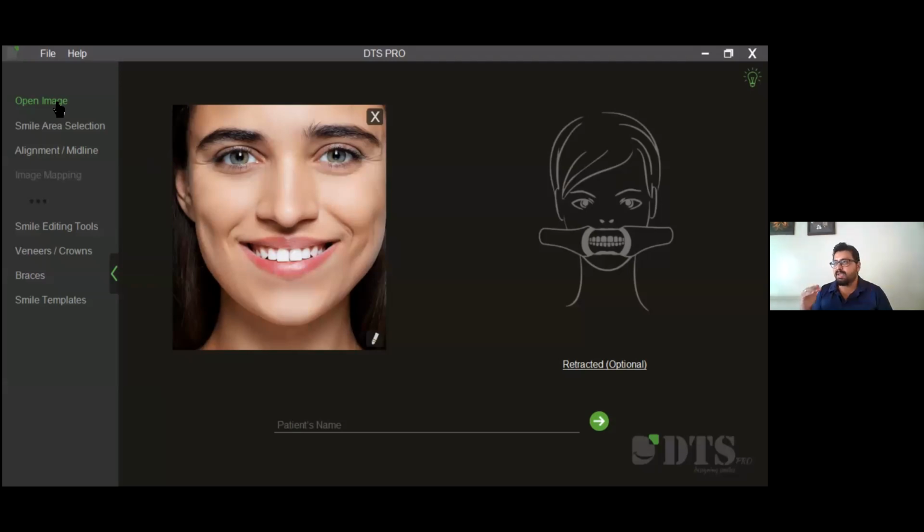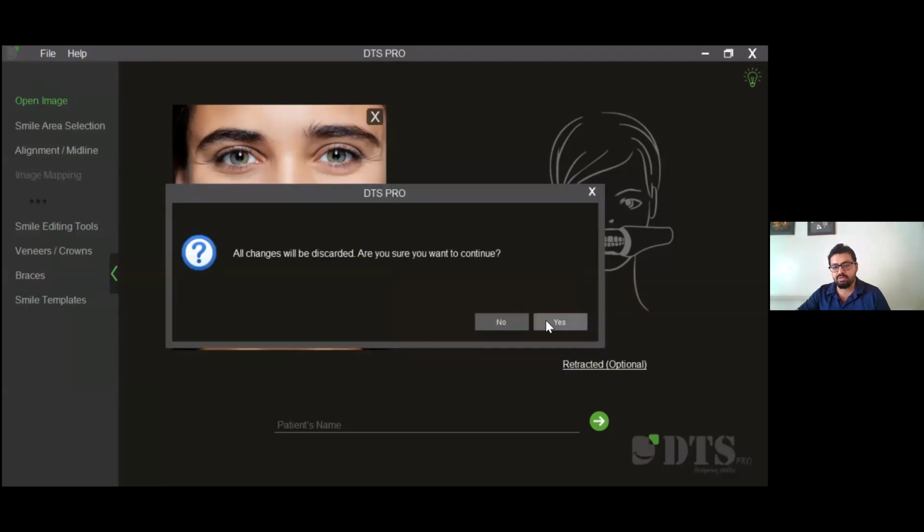I believe patients will come more for elective treatment, and cosmetic treatment, at least for the time being, may take a backseat. Tools like these of patient motivation matter, so the patient knows, but they are not sure how they would look after treatment. But once they see something on their own smile, it really motivates them and takes the case acceptance to a different level. So these tools become even more important, I would feel, in the post-COVID era.